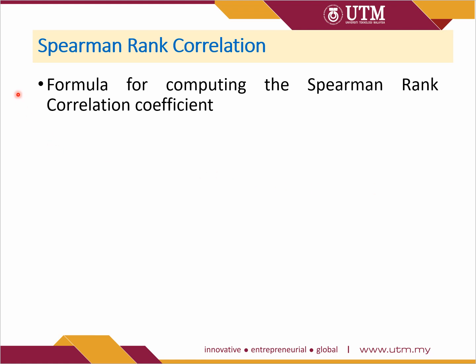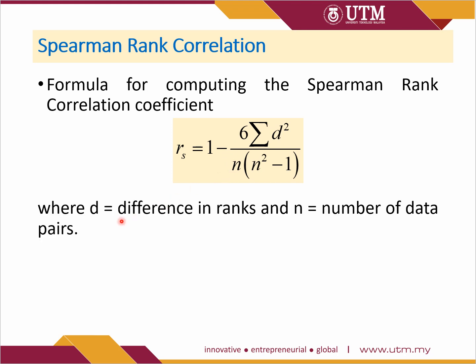So the formula for computing the Spearman rank correlation coefficient, we use R sub S, which is equal to 1 minus 6 times the summation of d square over n times n square minus 1, where d is the difference in ranks and n is the number of data pairs.